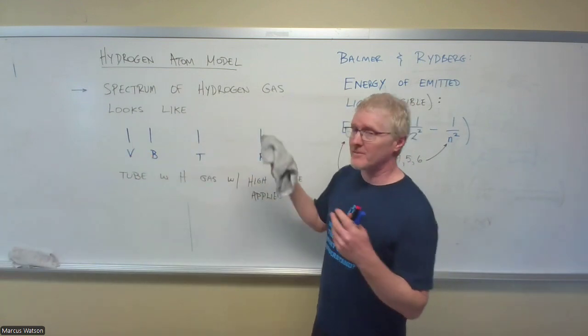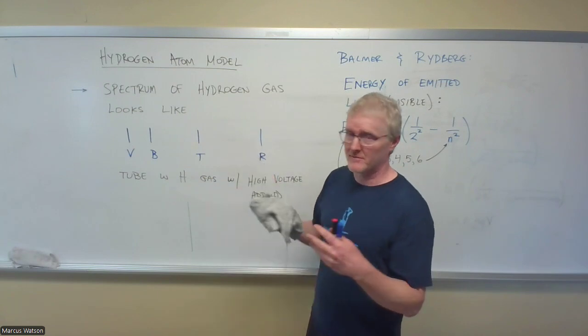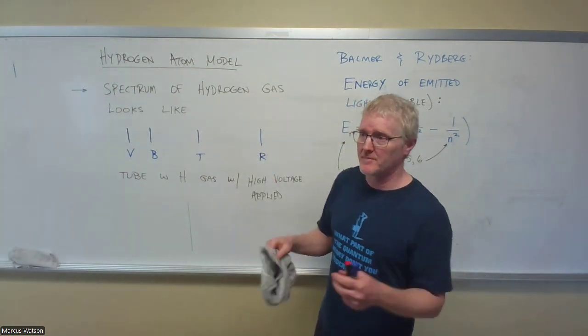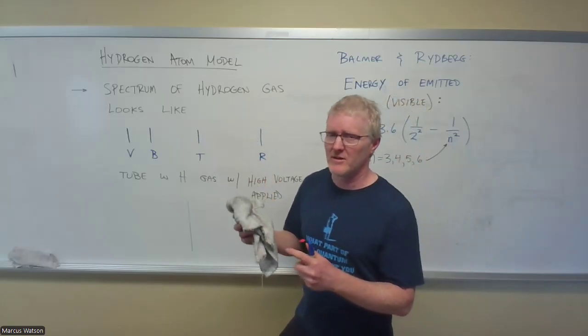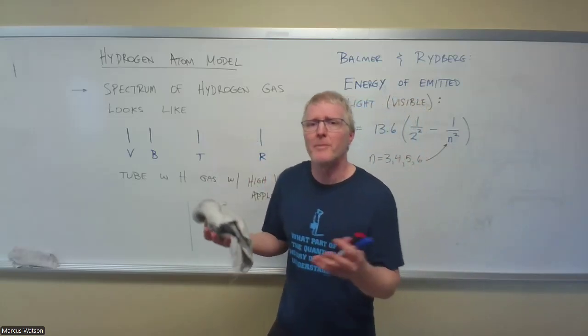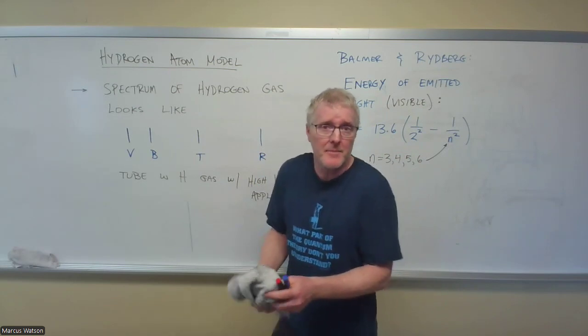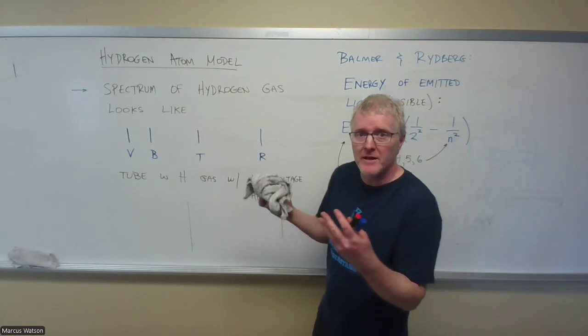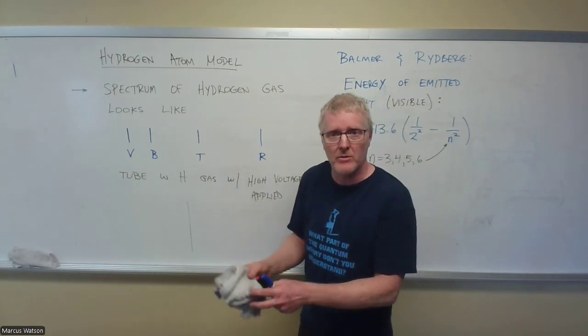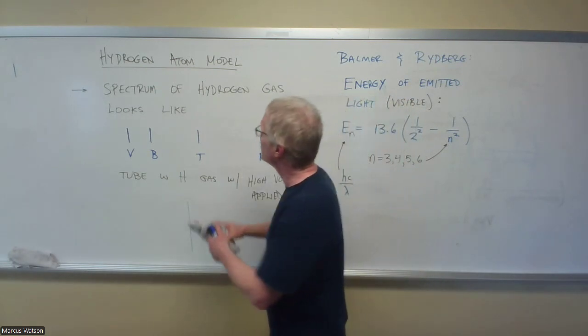And his model was initially a totally classical model. It comes out of the idea of planets around the sun. We know better now, let me put it that way. But at that time, it was revolutionary in terms of thinking maybe we know something about what atoms are like.